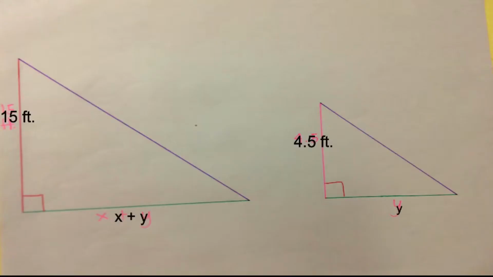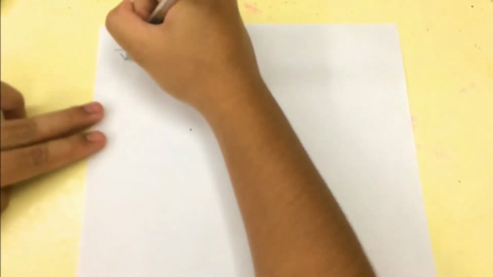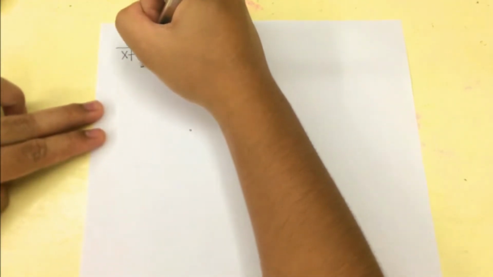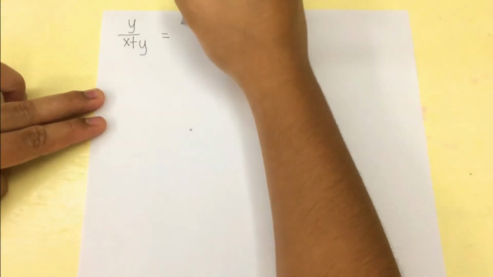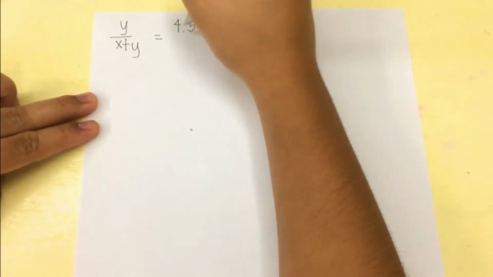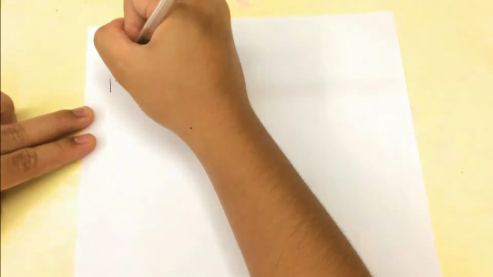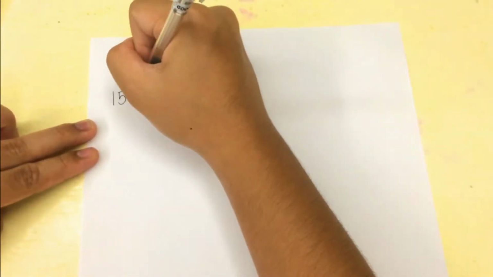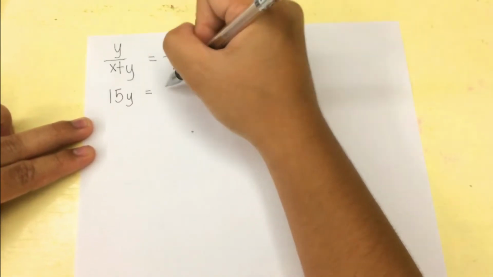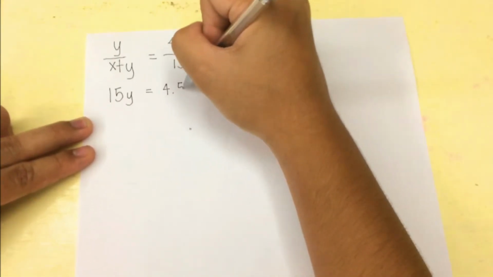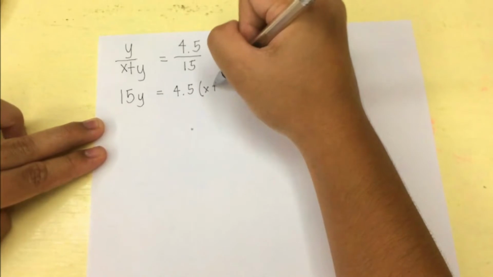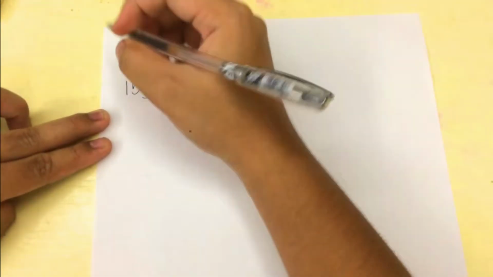Now we can get the ratio of the bases and the ratio of the legs. Get the ratio of the base of the smaller triangle over the base of the larger triangle, which equals the leg of the smaller triangle over the leg of the larger triangle. Then cross multiply. 15y is equivalent to 4.5 times the quantity x plus y.